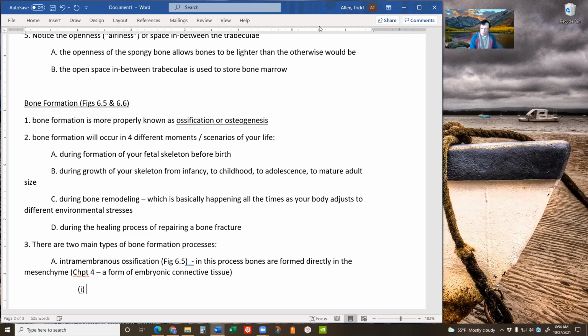Okay. Let me give you a quick list of some of the bones of your skeleton that are actually manufactured in this manner. Not all bones are made in the same way.